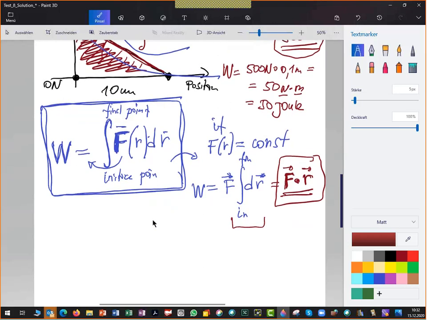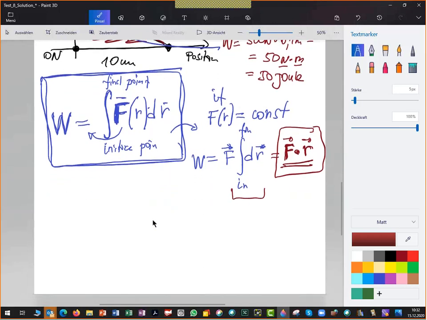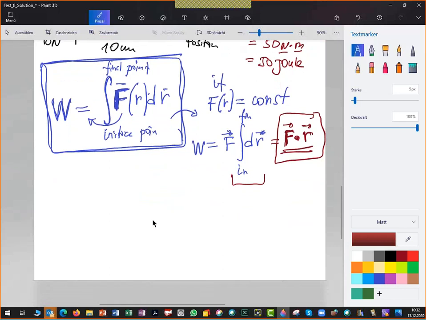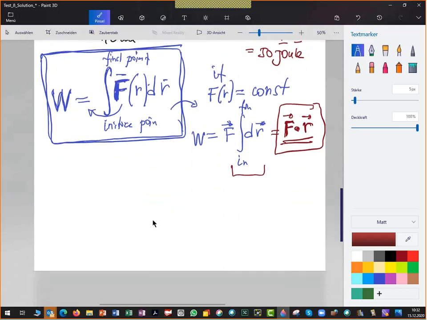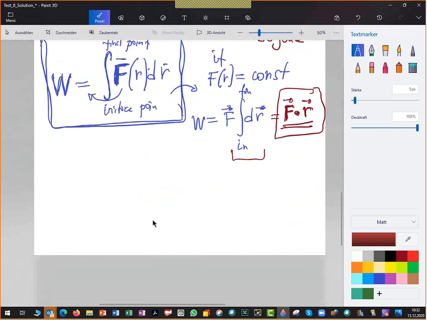So let me summarize. First, we saw that work is a scalar product. Second, we also saw that work is an integral of force with respect to displacement. And let us mention briefly the third aspect of work. This is the energy aspect. Later, we will see that the ability to do work depends on energy content.